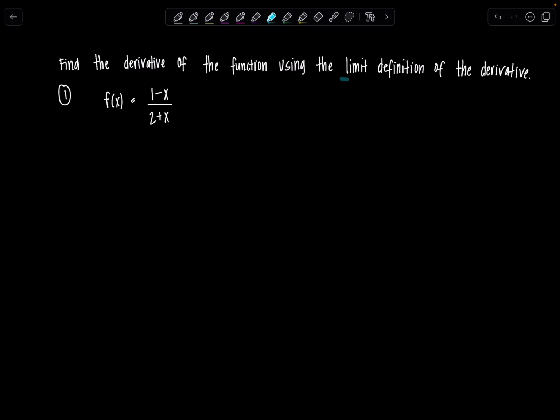So I'm not going to use the quotient rule, if you know what that is, of the derivative. So in order to find the derivative, I'm going to compute the limit as h approaches 0 of f of x plus h minus f of x over h. All right, so here we go. This is going to be the limit as h approaches 0.